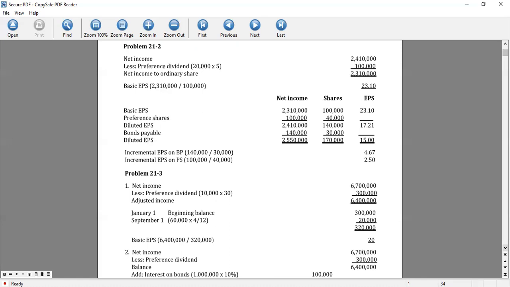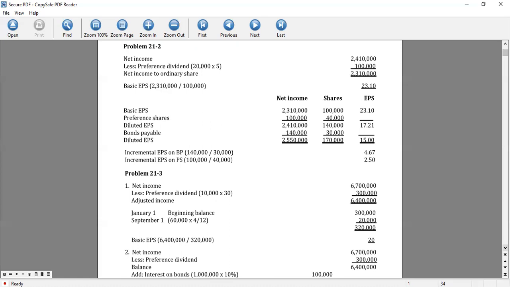So the preference shares net income of 100,000. During the current year, the entity paid dividends of 5 per share on the preference shares, and the preference shares are convertible into 40,000 ordinary shares.